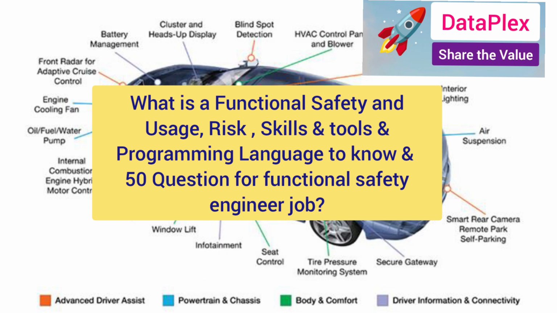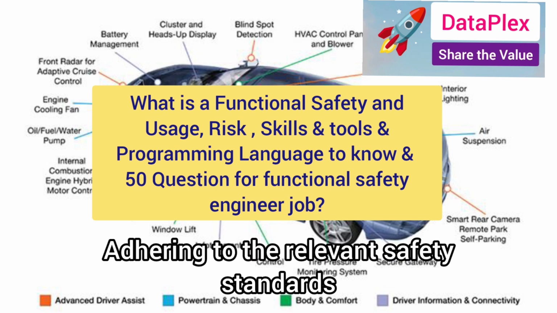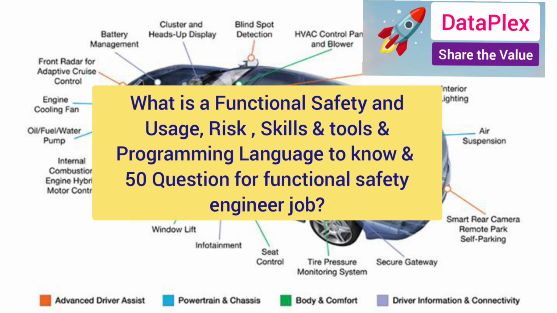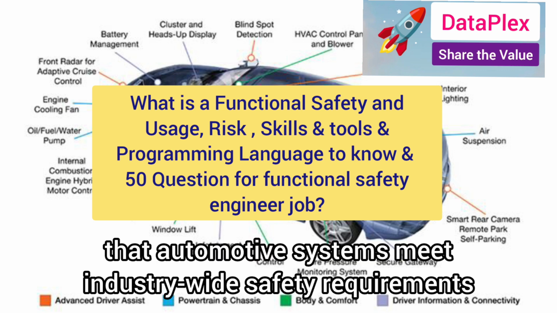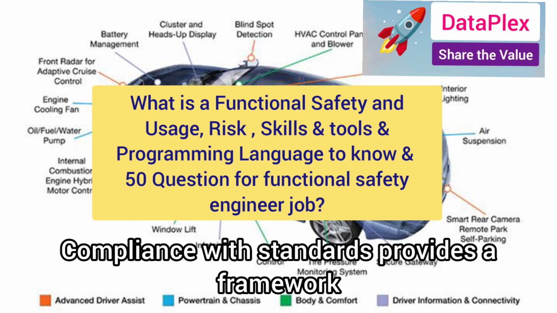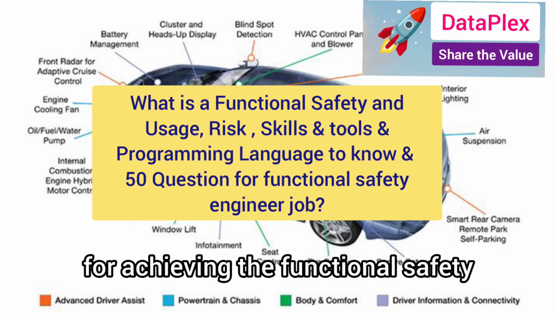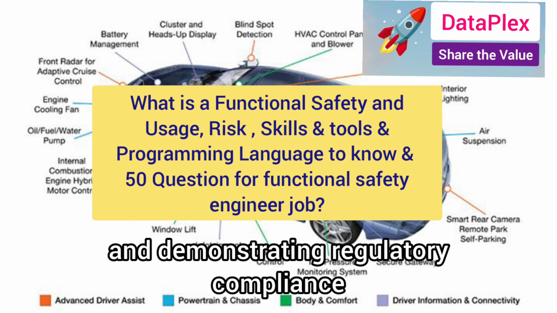Number seven, compliance with standards. Adhering to the relevant safety standards such as ISO 26262 is critical for ensuring that automotive systems meet industry-wide safety requirements. Compliance with standards provides a framework for achieving functional safety and demonstrating regulatory compliance.